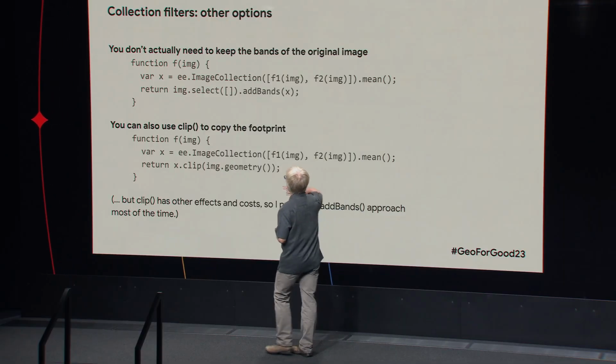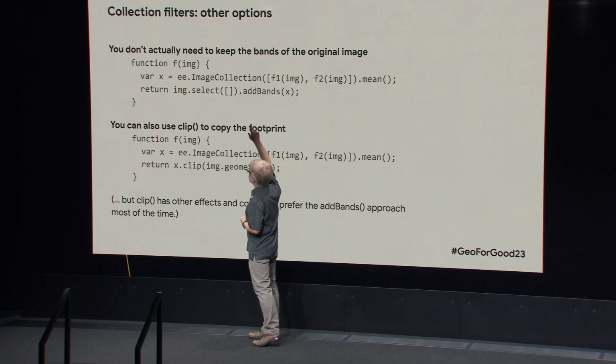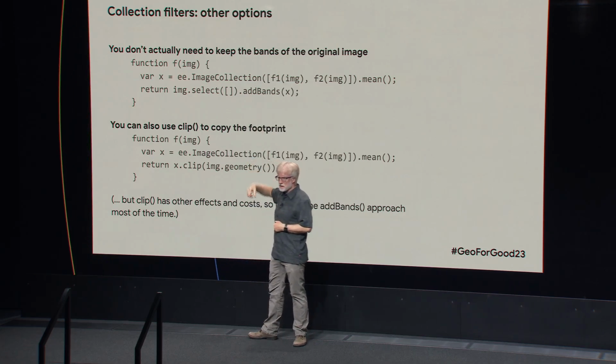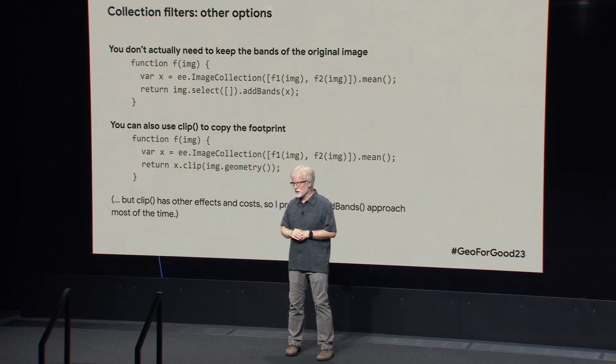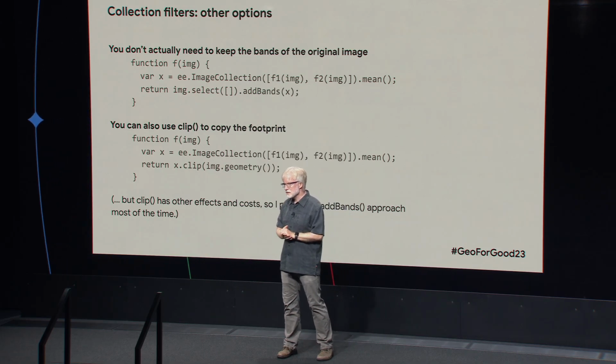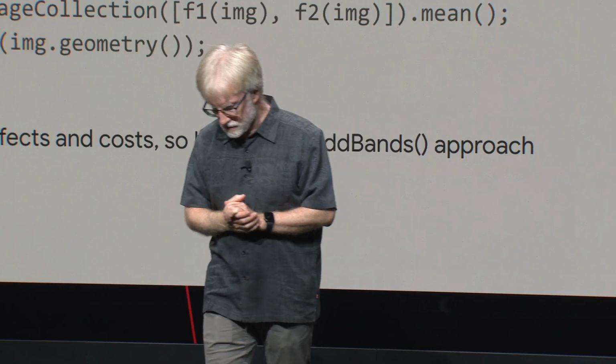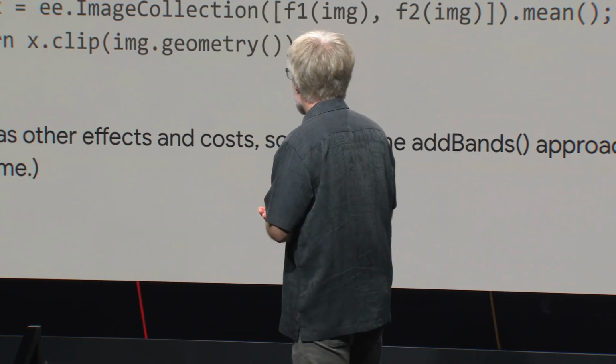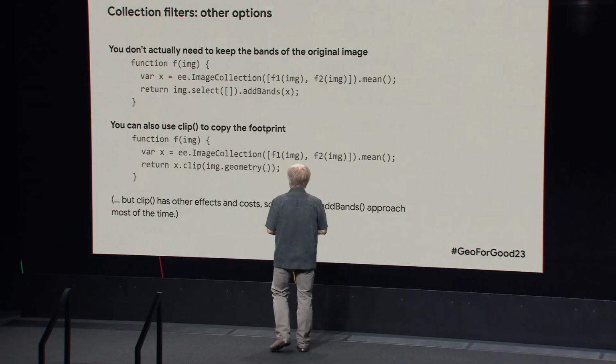Actually, it's possible, now that you mention it, that updateMask takes 2 images. It's possible that if you did updateMask of the composite with the original image, that it would actually move the footprint off of the original image. That's a good question that I don't know the answer to. And I'm wondering if it does work instead of clip, would it be more efficient?